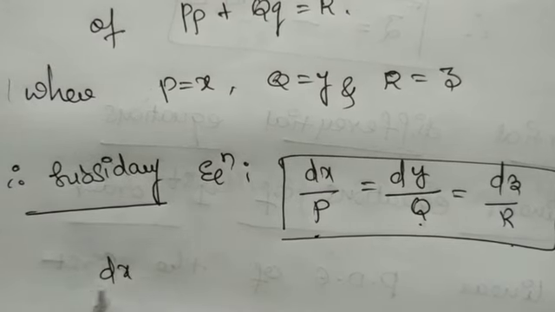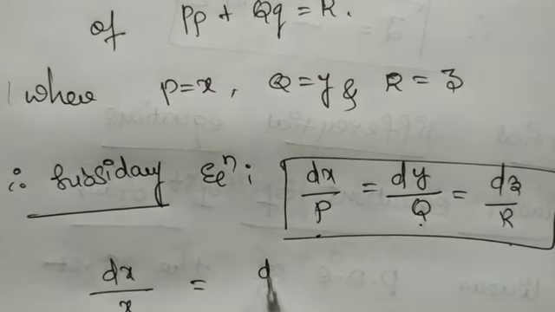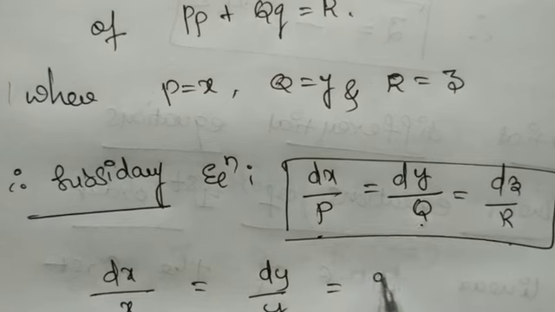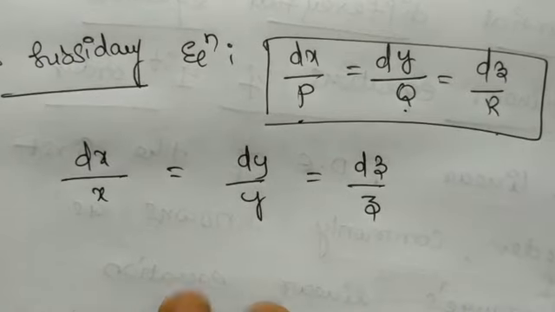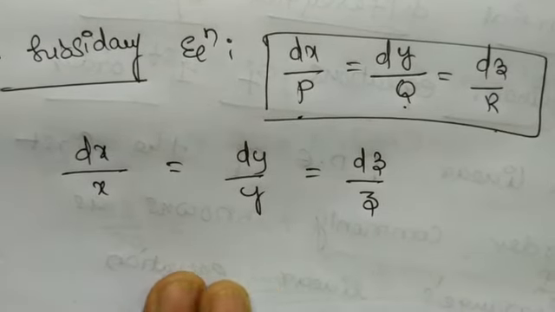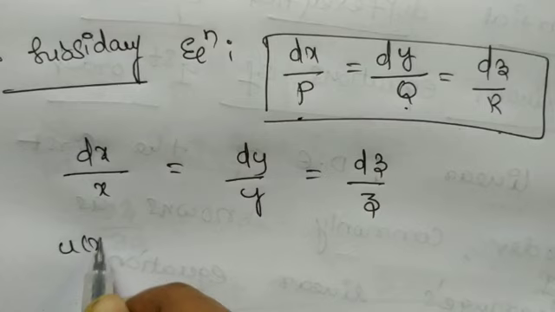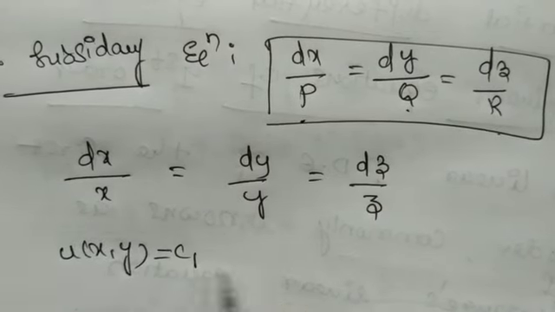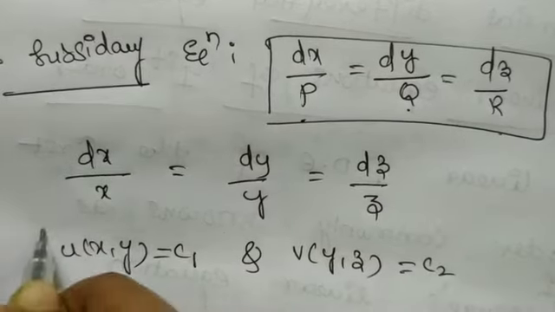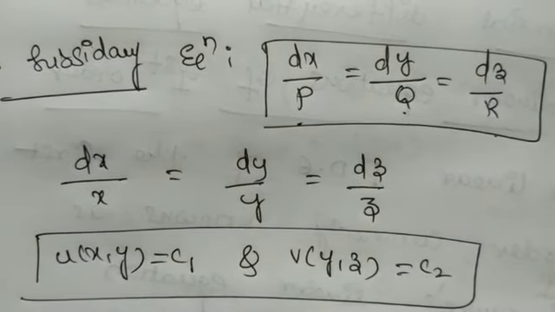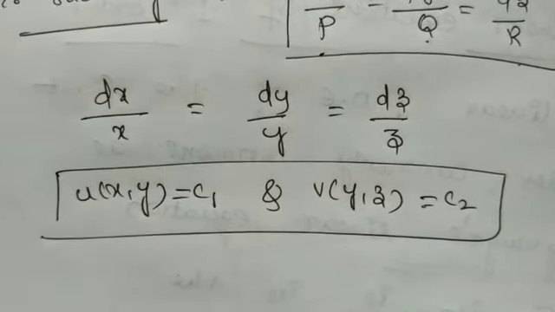Then dx by x equal to dy by y equal to dz by z. Therefore solving these subsidiary equations, that is u of x comma y equal to c1 and v of y comma z equal to c2, by taking two equations at a time.